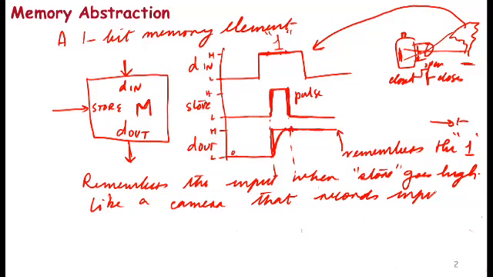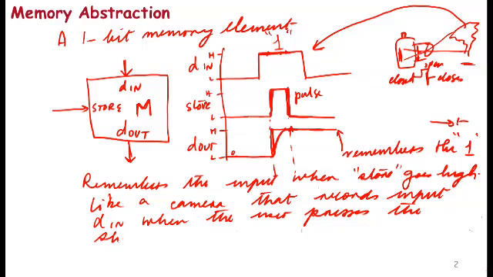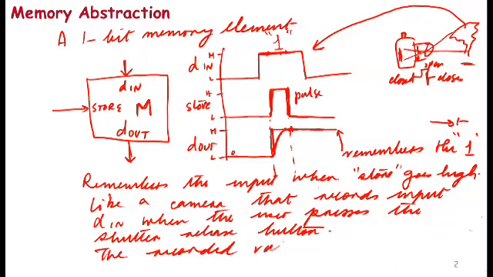This is like a camera that records its image when the shutter release button is depressed for a small instant in time. The recorded value is visible at D out. So when store is high, the input value is being recorded into the memory cell, and that recorded value is visible at D out.